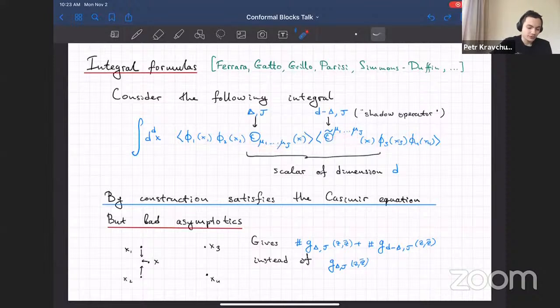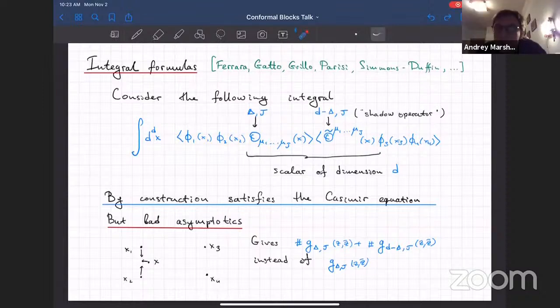So now, at point x, we have something which transforms like a scalar, because we have contracted all indices, and has scaling dimension d, because delta plus d minus delta is equal to d. And this transformation property precisely cancels the transformation property of the integration measure under conformal transformations.